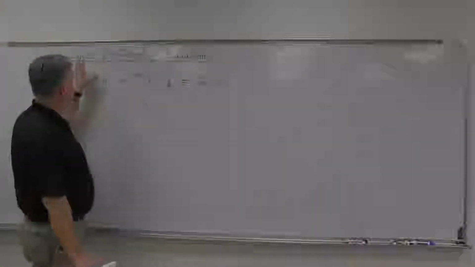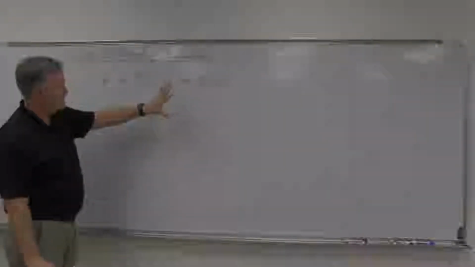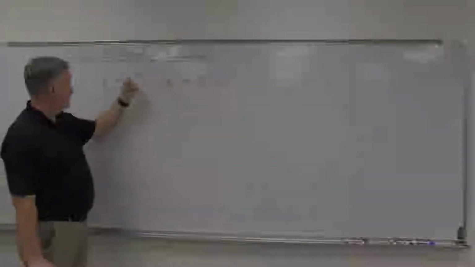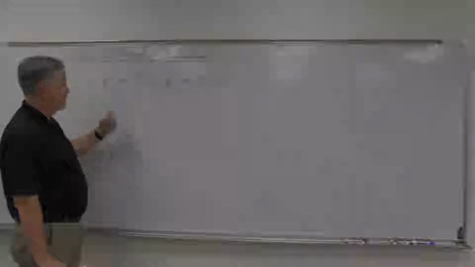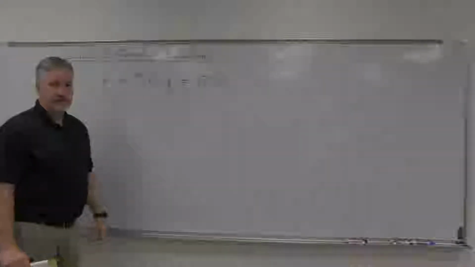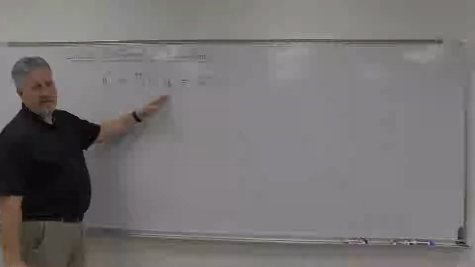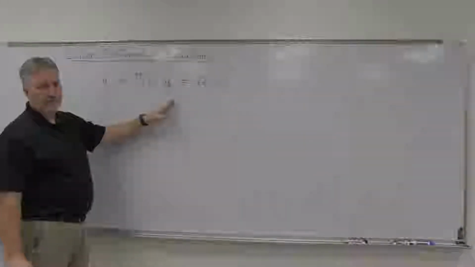But to be a linear differential equation, it needs to be in this form. And I guess the linear part of it, you've got y to the first, and a first order differential equation because you just have the first derivative. So you can't have anything above first derivative and then y to the first power.